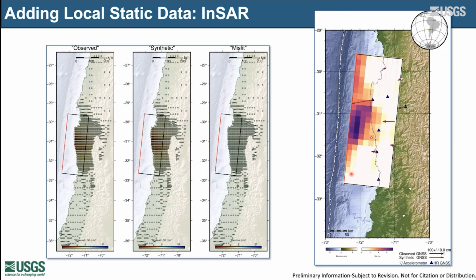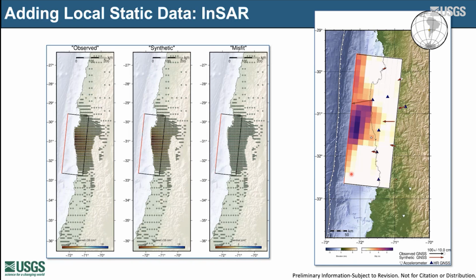Because sometimes your fault just needs to be rotated and dipped a few degrees and will suddenly fit the data significantly better. So I really encourage anyone who's interested to go through the Jupyter Notebook tutorial and play around until you get a solution that you're happy with and make all of these modifications that I talked about multiple times as you go through.